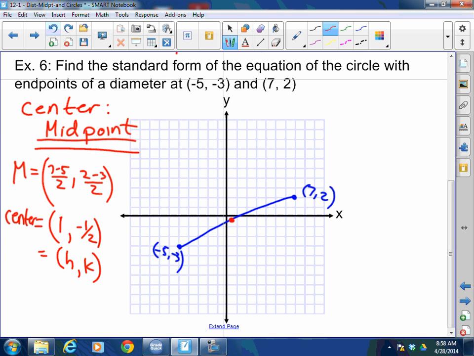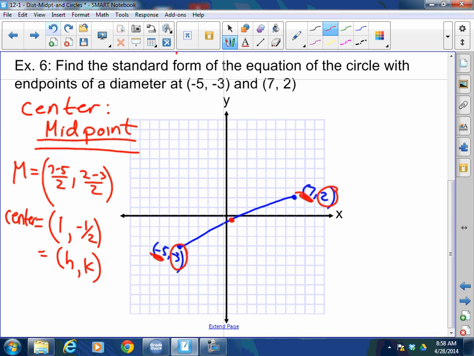It's the average of the x's and the average of the y's. The x's here are 7 and negative 5, and the y's are 2 and negative 3. Any x works for x1, any x works for x2. You could choose negative 5 as x1 or x2, especially since they're a sum, commutative property.